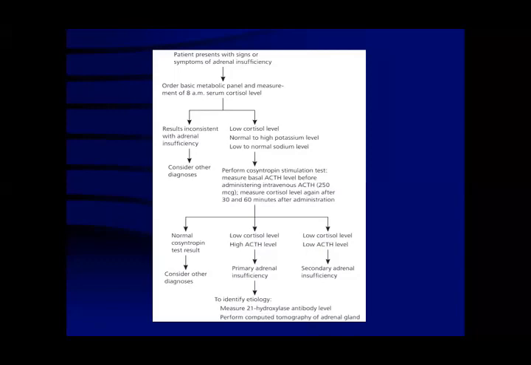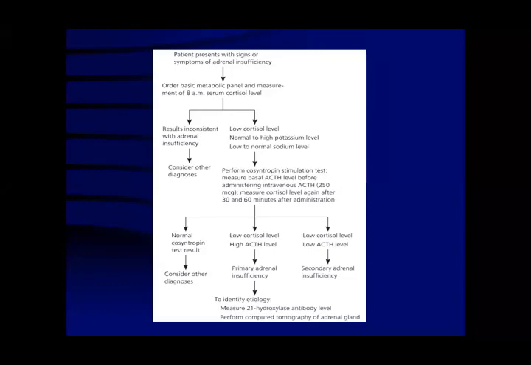It means there is primary adrenal insufficiency, and to identify the etiology, we will measure the 21 hydroxylase antibody levels, or we will do a CT scan of the adrenal gland to see the anatomical defect. Number three is if the cortisol level is low and ACTH is also low. There are three conditions.